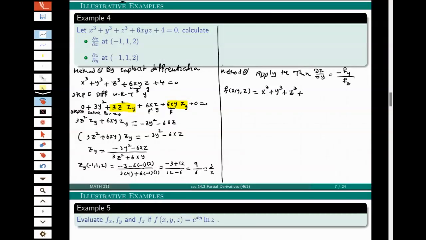Now we are dealing with z as a variable, not as a function of x and y. So what is f sub y? It will be 3y squared plus 6xz, because x and z will be treated as constant. F sub z, now z is the variable, so that will be 0 plus 0 plus 3z squared. Again, z is variable, these are constant, so it will be 6xy.